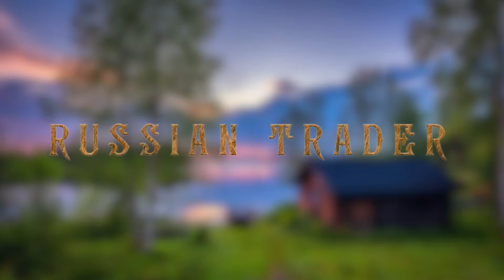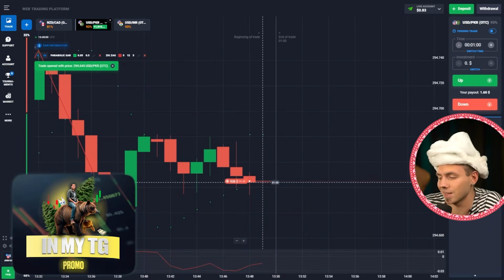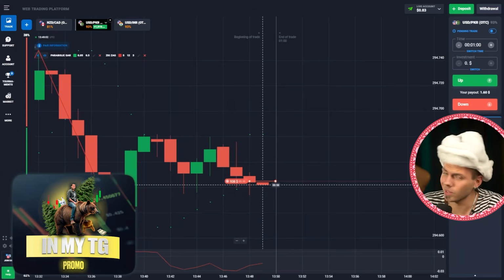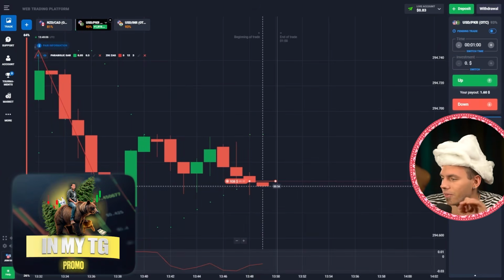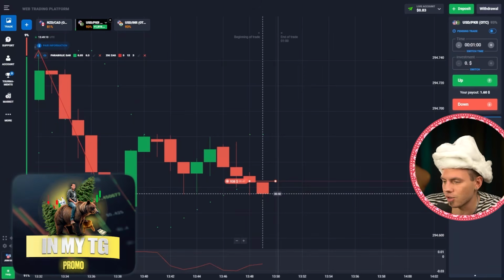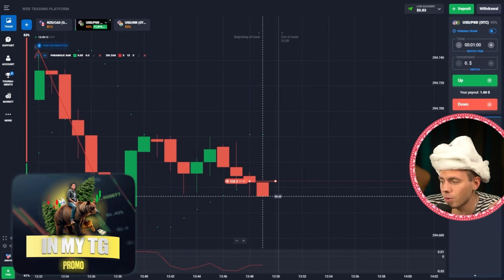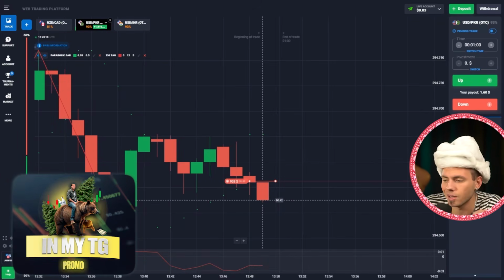Let us set the amount, $938, and I'm opening a sell trade. You will ask me why, I will explain. Here we have a signal to short. The oscillator has a downside range, and we expect a further decline, so there are no indicators telling us that the price can go up.